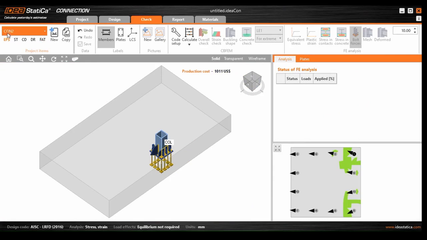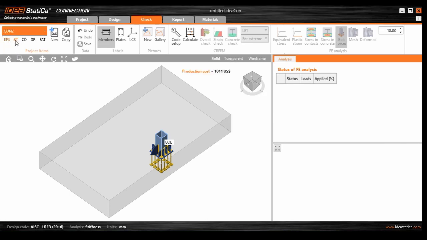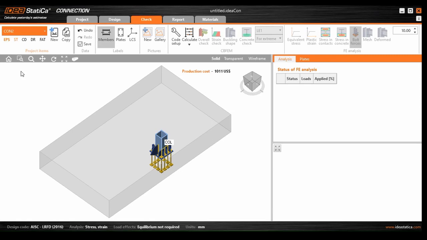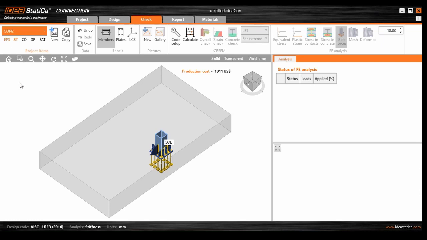Okay, as you see, we have CON2 and choose ST here. Okay, ST is chosen. So now go to ETABS.